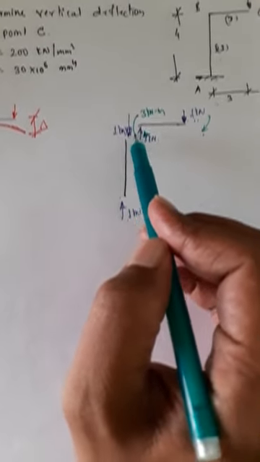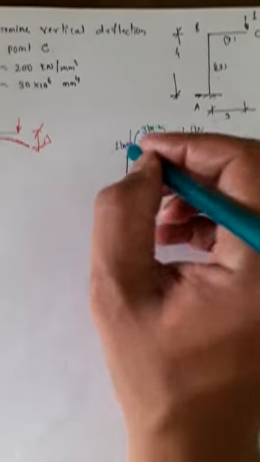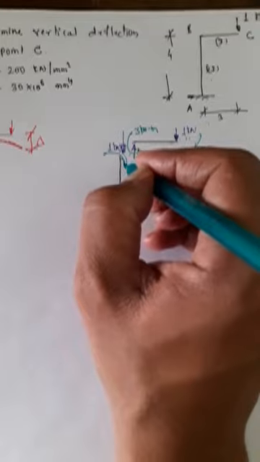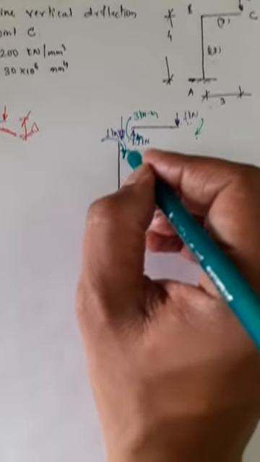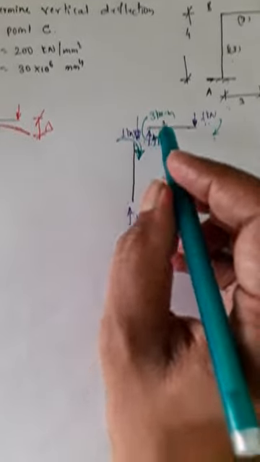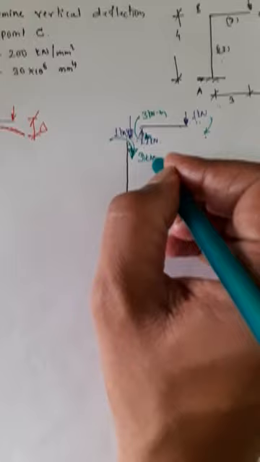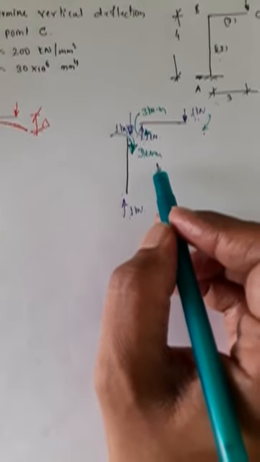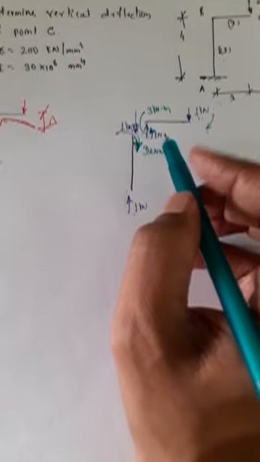So at this end, apply opposite to this, clockwise, value same, 3 kilonewton meters. It means this joint is in equilibrium now.